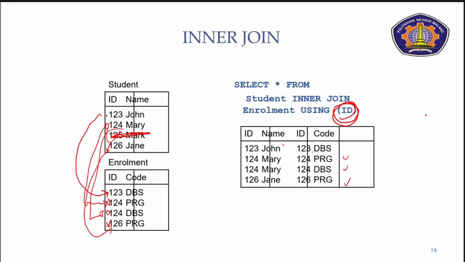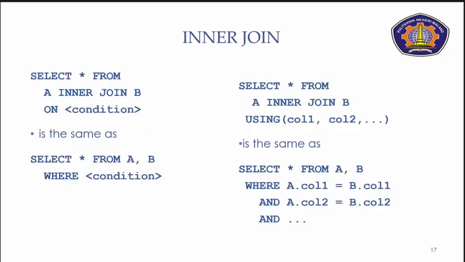So if we use inner join, once again, this one. And the statement in join is the same as the statement in the where condition. So you can see there are two ways to write a statement that give the same result but with a different select statement.